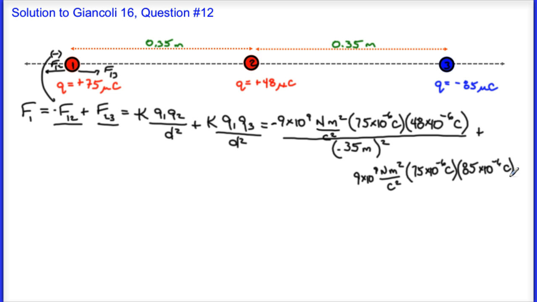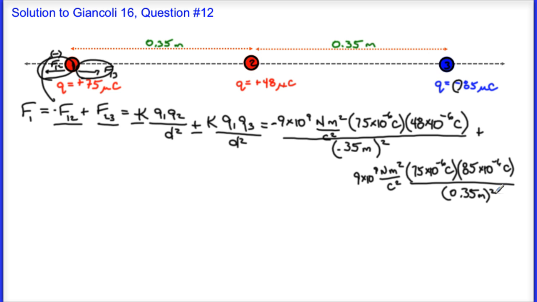Notice I've left out this negative sign here, and the reason is I've already taken into account the sign due to the direction of the forces. So the negative sign that I put in here and the positive sign that I put in right here take into account those directions. Let's go ahead and finish this up and divide by 0.35 meters squared.